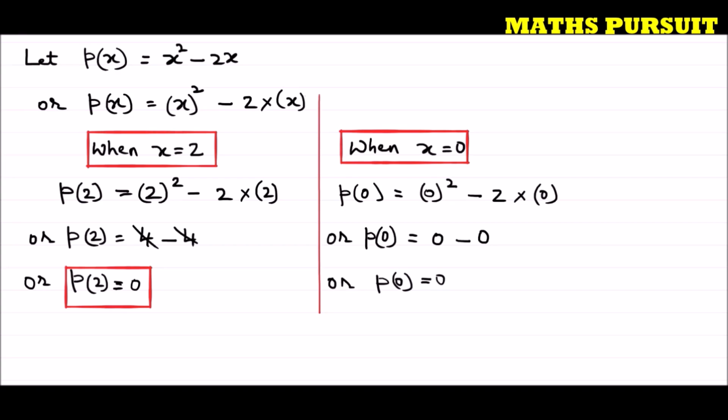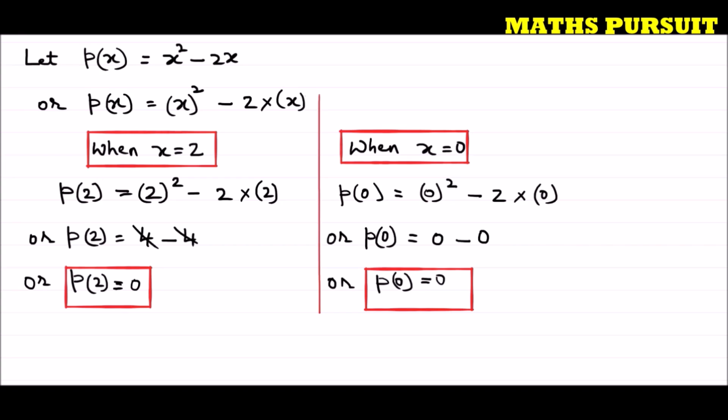Now let us look into the question and let us write our concluding answer. Question is asking us to verify whether 2 and 0 are zeros of the polynomial x^2 minus 2x or not.